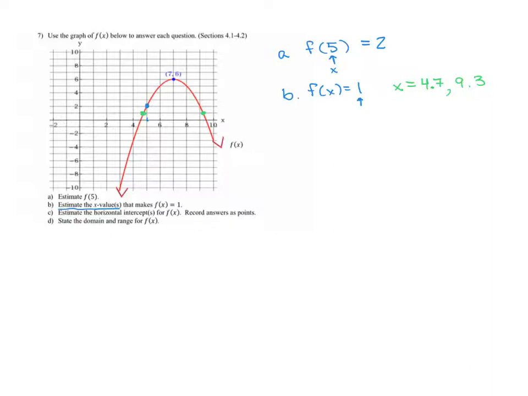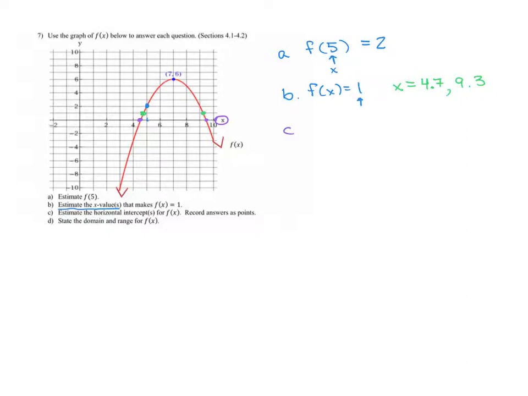Okay, for D, we want to estimate the horizontal intercepts. Which one is the horizontal axis? That's the x. So where are we crossing on the horizontal axis? We are looking at these 2 points.